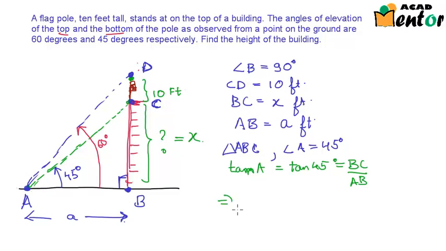So this implies, remember tan 45 is 1, and BC we have assumed as x and AB we have assumed as a. So from here we can say x is equal to a. Let this be equation 1.